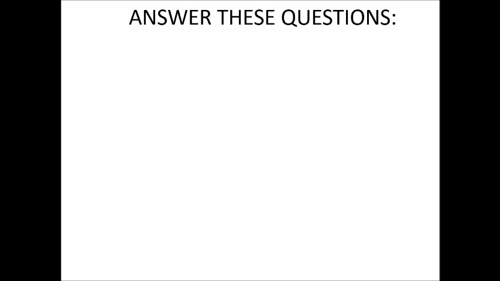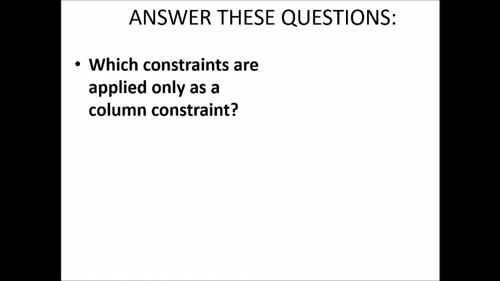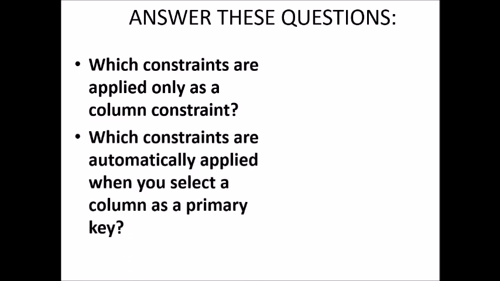Now a question for you: which constraints are applied only as column constraints? Think of the answer. Which constraints are automatically applied when you select a column as primary key? Now the answers are the default and not null constraints.